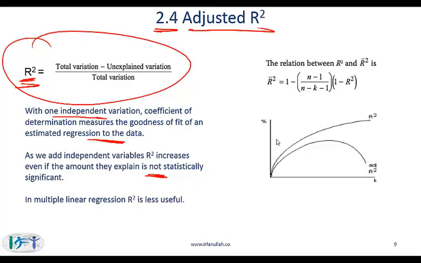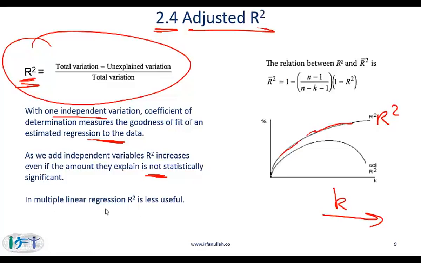So if you think about this graph where you have K, and what does K mean? The number of independent variables. K is the number of independent variables. As K increases, we are saying that R squared will increase, but at a decreasing rate. And there is a cost associated with collecting data related to more and more independent variables.